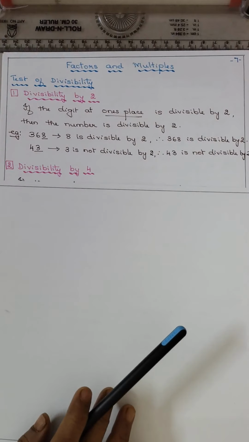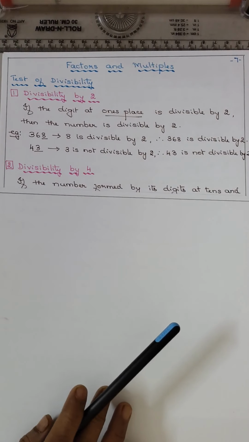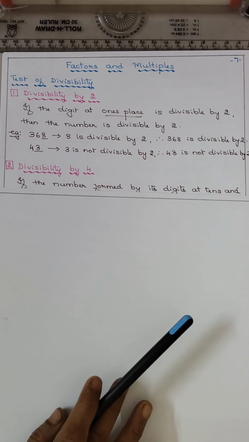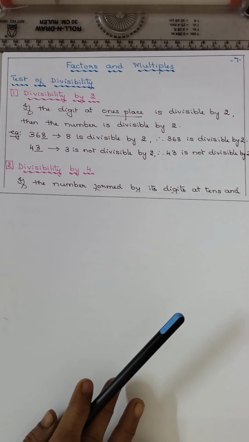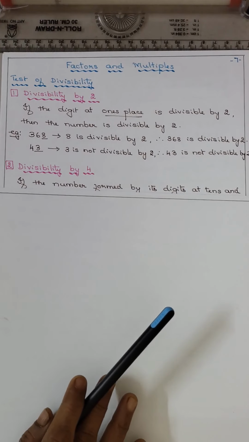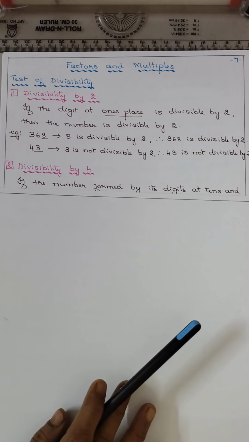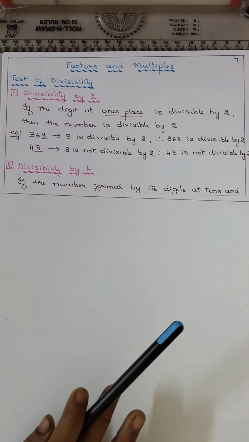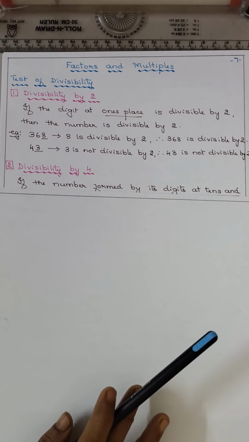So the divisibility test for 2 is just see the digit at ones place. See whether that digit is divisible by 2 or not. If it is divisible, then the whole number is divisible by 2.